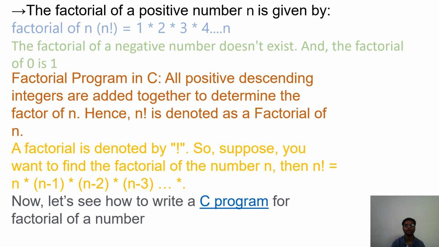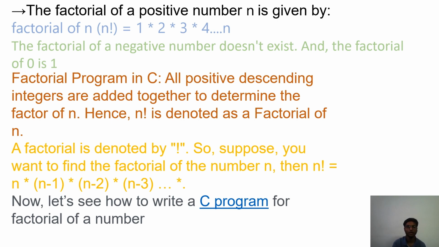The factorial of a negative number does not exist and the factorial of 0 is 1. Suppose you want to find the factorial of a number n, then n factorial is equal to n into n minus 1 into n minus 2 into n minus 3.